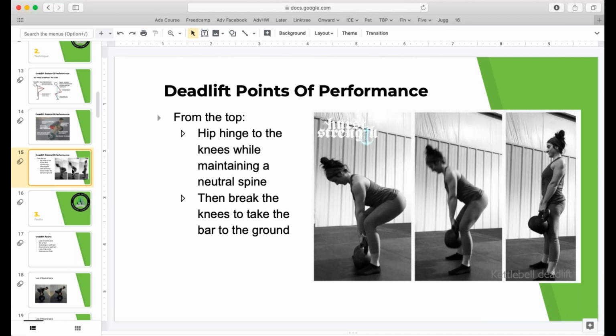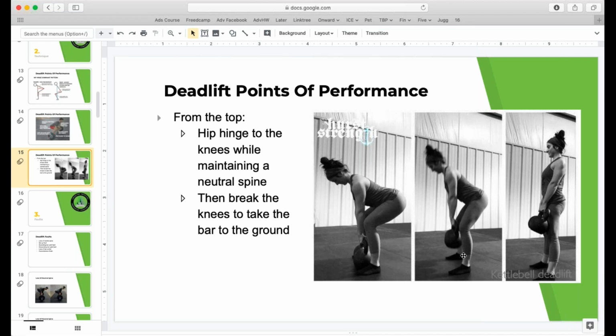And once they get to that position, where that middle picture is, where their hand is right at knee level, then I allow them to free their knees up. I allow them to bend more at the knees, maybe push the knees a little bit forward, but bend just enough that they can maintain pretty much that same torso angle, but then get down to the ground.